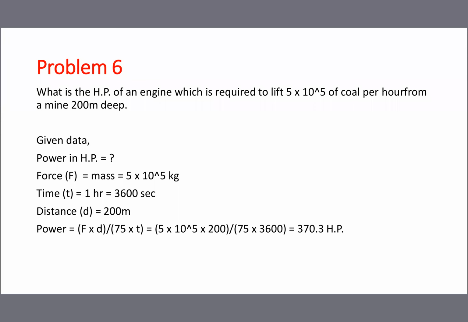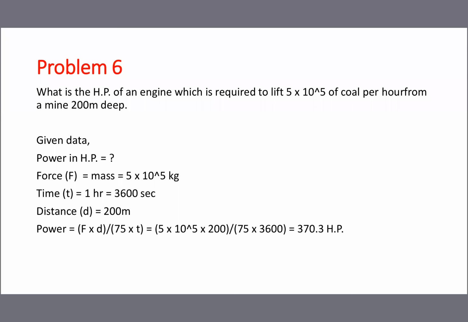What is the HP of the engine required? That is, what is the power in terms of HP required. So understand or not? I'll read once again. 5 into 10 power 5 kg of coal is lifted up to a height of 200 meters in 1 hour. What is the capacity of the engine required? That is the power of the engine required.